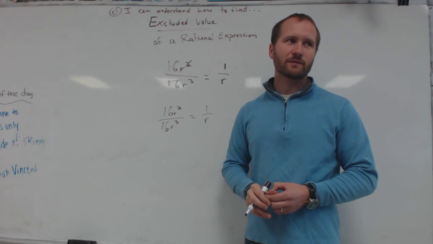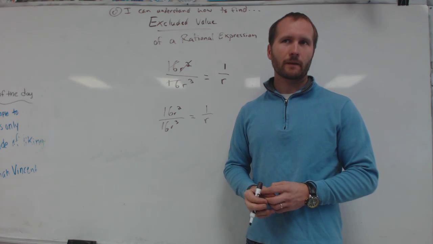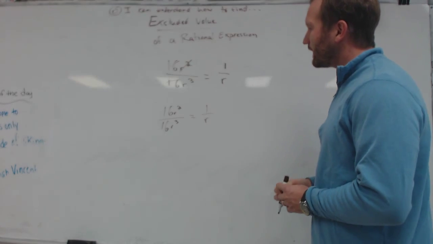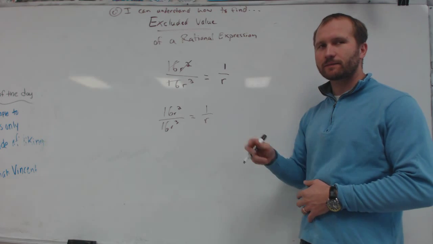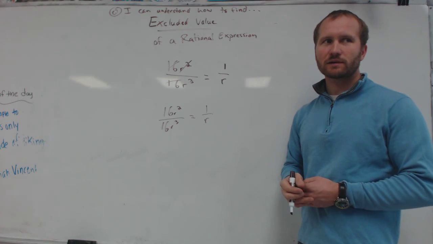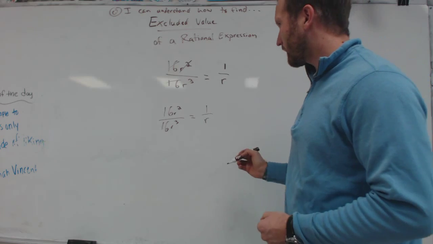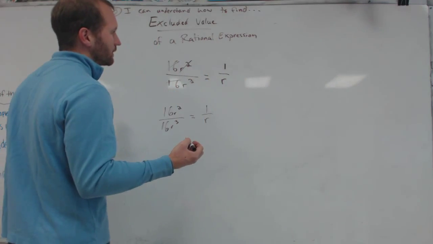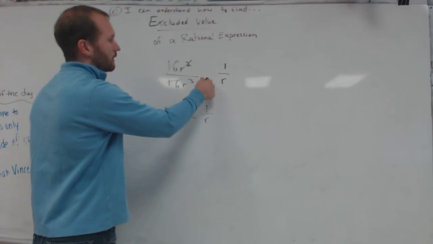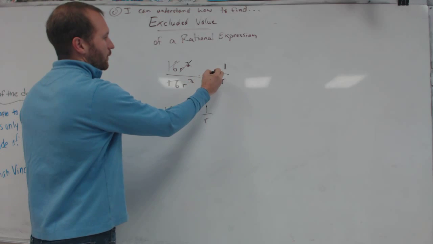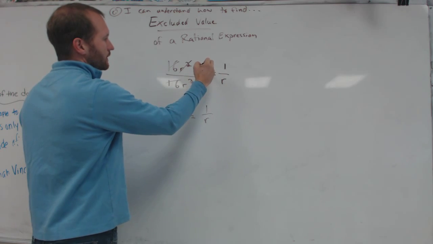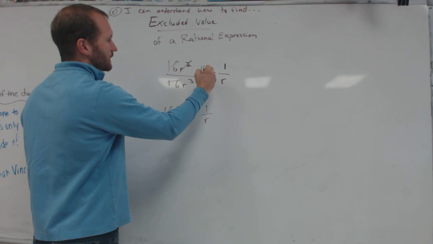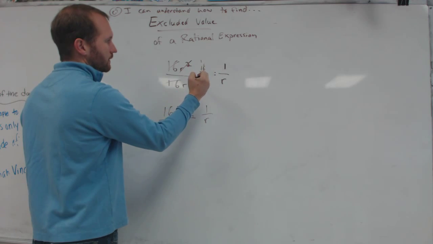It's not always true. When is this not equal to this? In other words, what I'm really asking you, because here's the intermediate step, right? I'm saying 16 over 16 is 1.